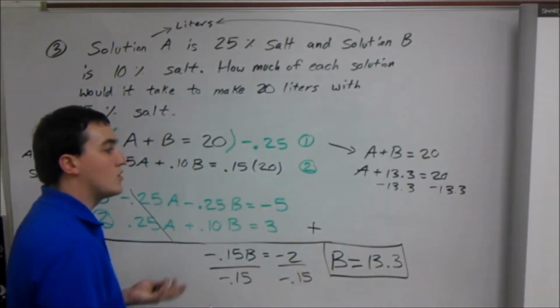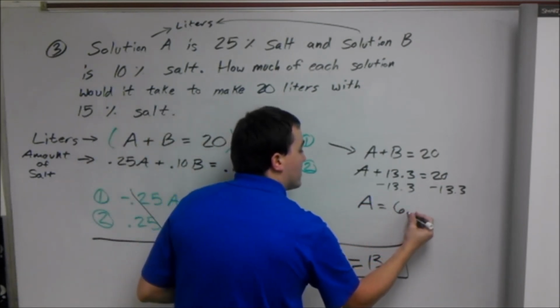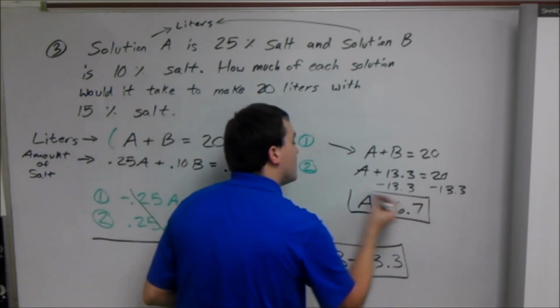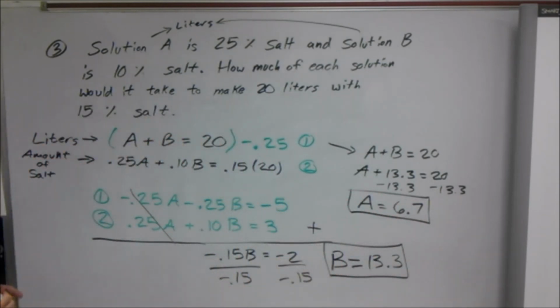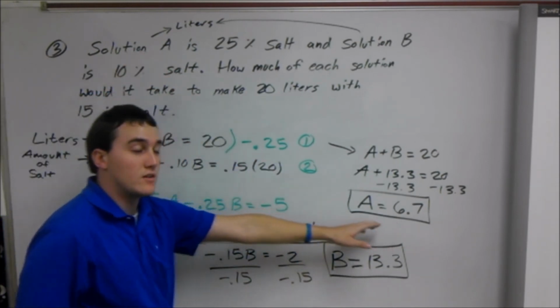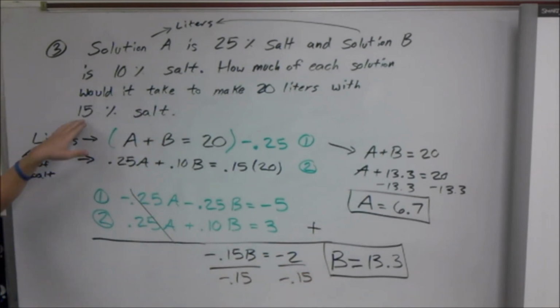We know that's B, so A must be 6.7, about. So our two solutions: solution A has to be 6.7 liters, mixed with solution B, 13.3 liters, is going to give us 20 liters of 15% salt.